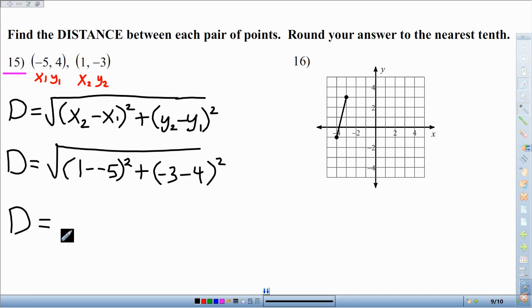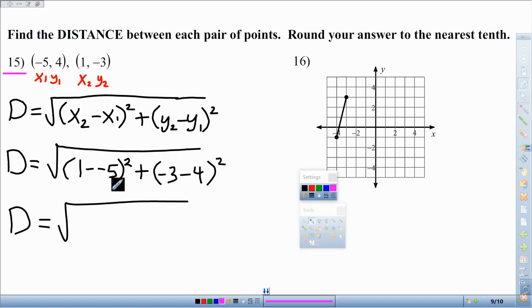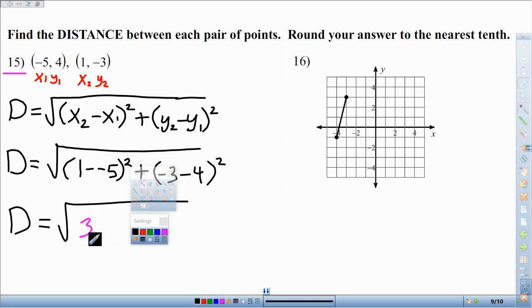From here, if you know how to use your calculator, you're good. Just a little piece of advice, I would recommend typing this whole thing into your calculator with parentheses and everything, and you will for sure get the correct answer. But just to do it in my head, a double negative is a plus, so 1 plus 5 is 6. 6 squared is 36.